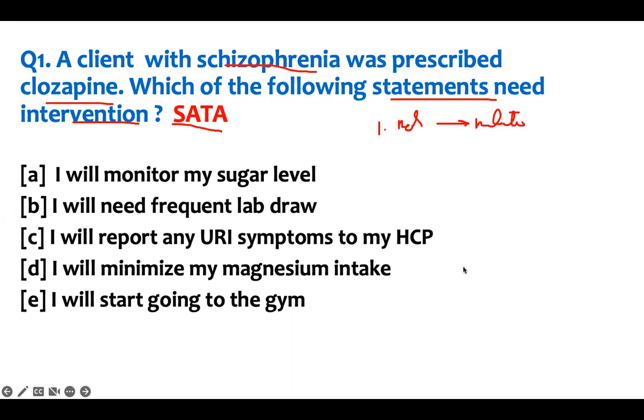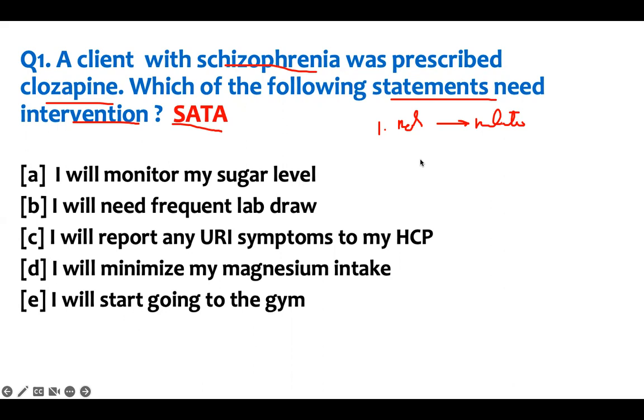They're going to ask you a bunch of questions about that medication and for them to know if you know it, you know the priority action and what to do with it. Or they can give you the diagnosis and they tell you which medication you can use and what kind of side effect you expect. So our buzzword is a patient who is a schizophrenic given Clozapine.